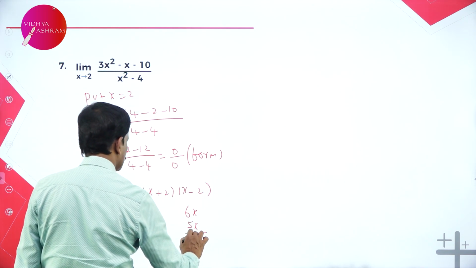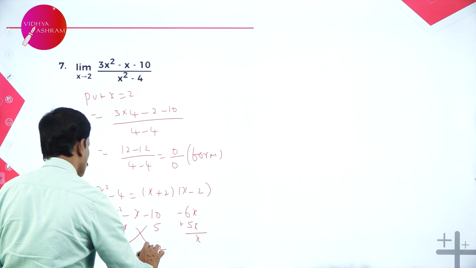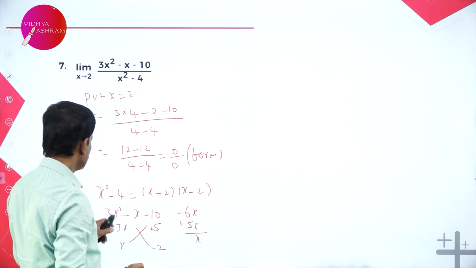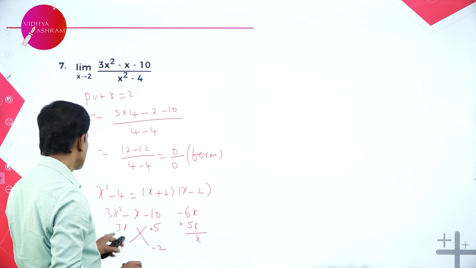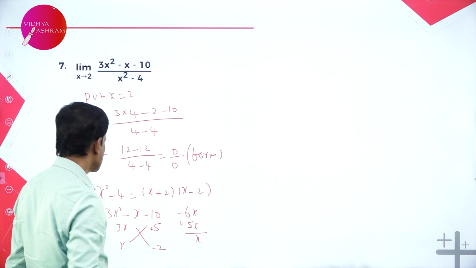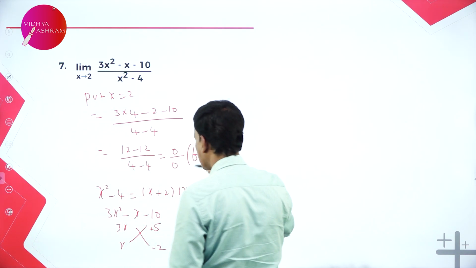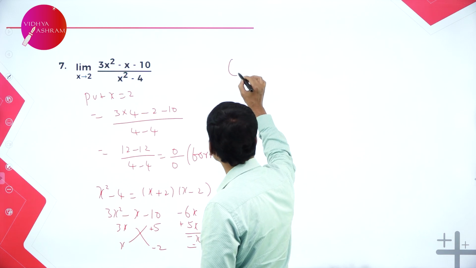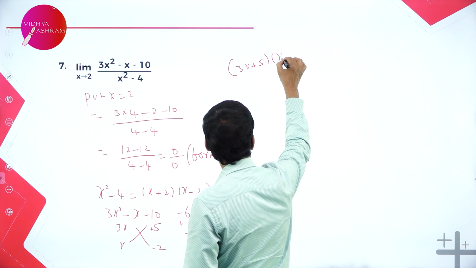Just subtract, you will get 1x, so that should be minus and plus. 3x into x is 3x square, plus into minus is minus, 5 2s are 10, and 5x minus 6x is minus x. So you will get negative x, the middle term. So the factors are 3x plus 5 into x minus 2.